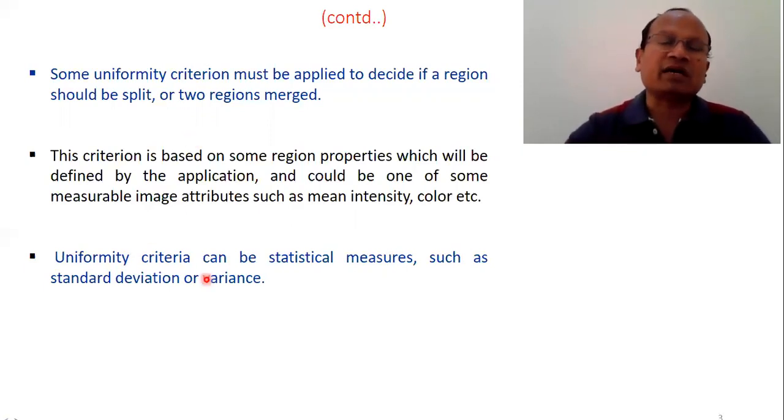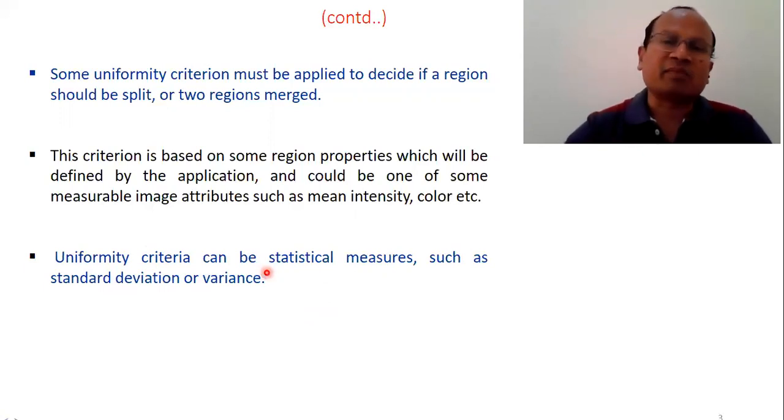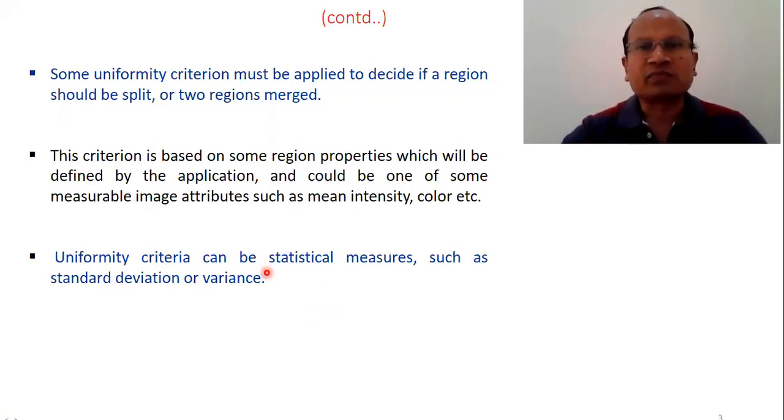Uniformity or homogeneity criteria can be statistical metrics such as standard deviation or variance. Standard deviation and variance can be determined if we have the grayscale values of different regions. So standard deviation, variance, mean, these may be statistical measures which can be utilized to check if there is any uniformity or homogeneous region in the neighborhood.